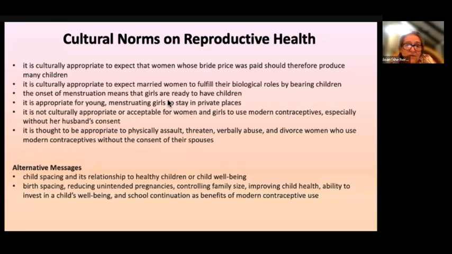So one of the things that was recommended when I was reading this information about cultural norms on reproductive health, and somebody one of you already said this, is rather than talking about birth control and not having children, talk about it in relationship to child spacing, or child well-being.